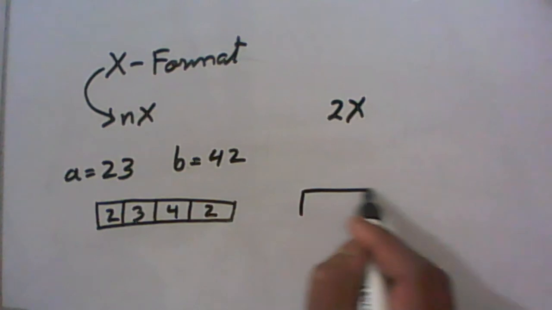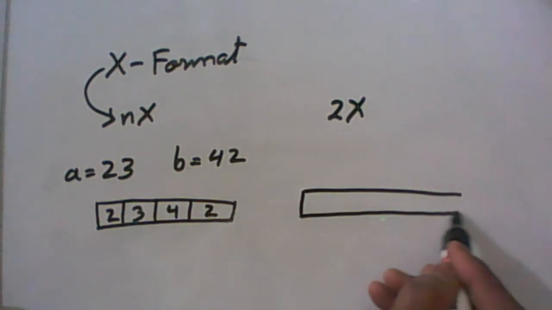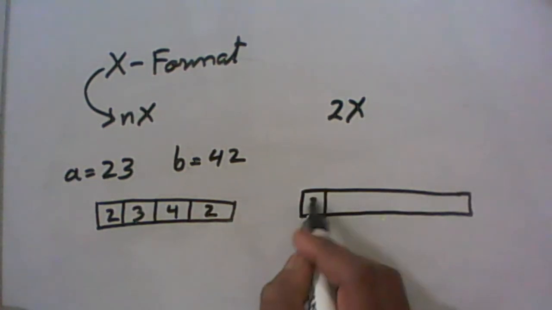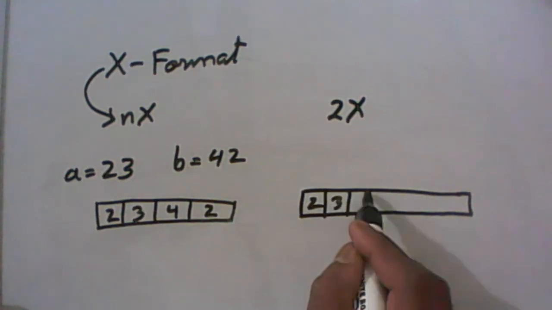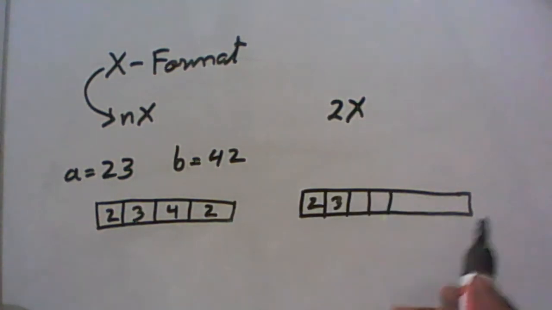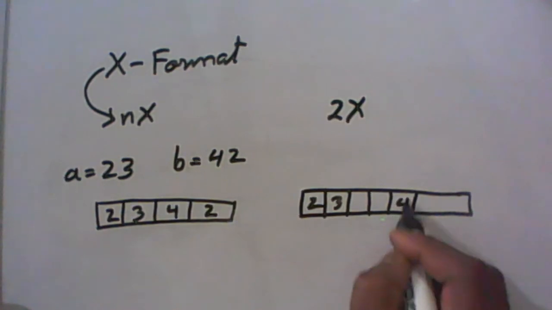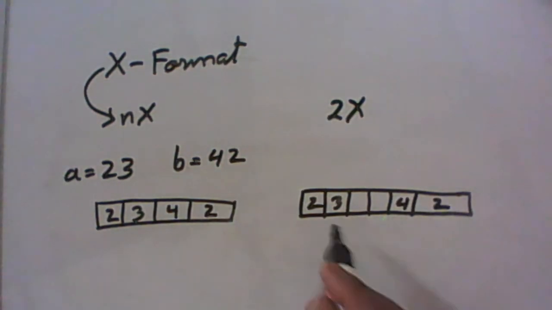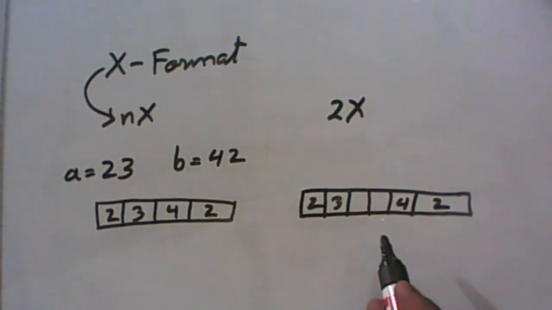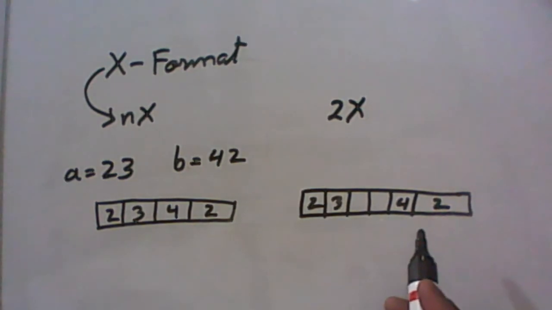Then it will write the first number, 2, 3, leave two places blank and write the other number. So that's how we can skip. This is known as the X format.